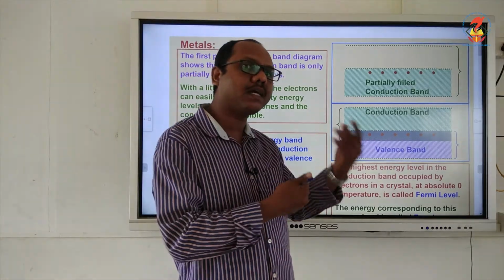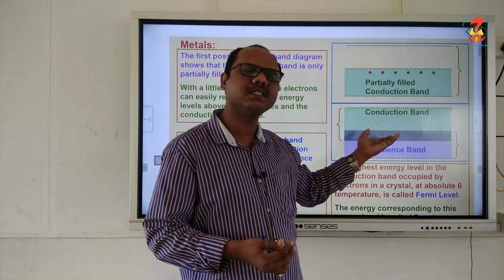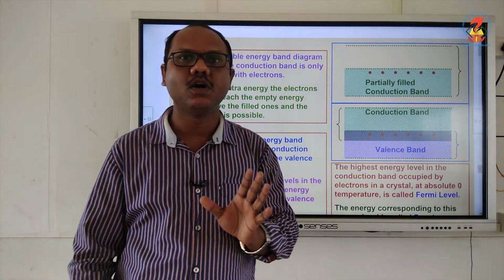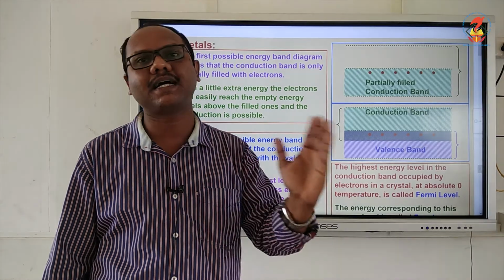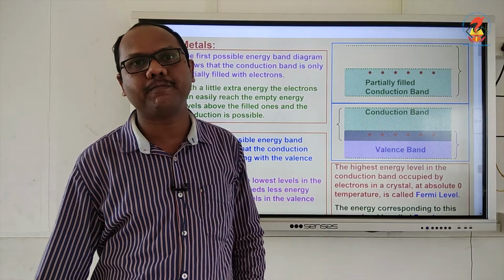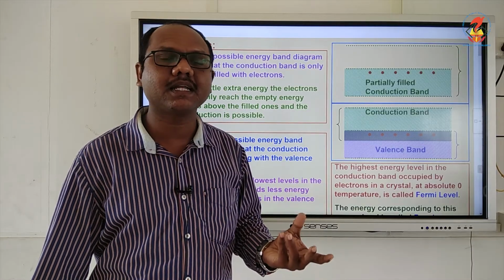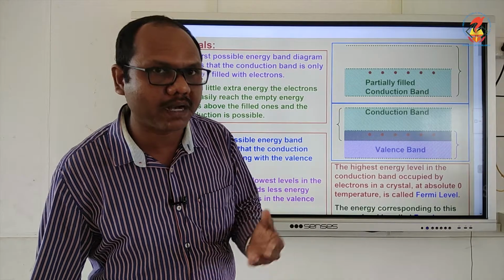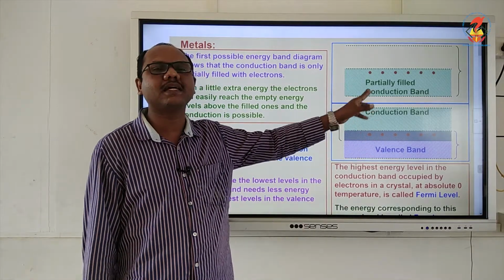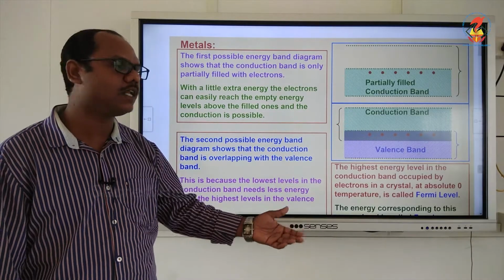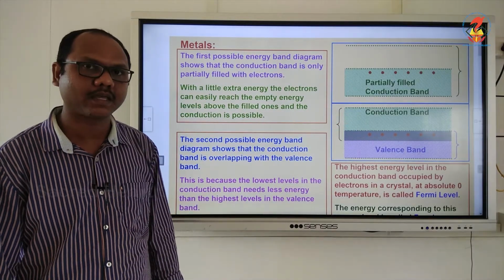So all the electrons which are in the valence band can move to the conduction band. In short, all valence electrons are conduction electrons. Such kind of metals can conduct electricity very easily. Example, silver, copper, etc. Their valence band and conduction band overlap each other. So all the valence electrons are conduction electrons and they can conduct easily.